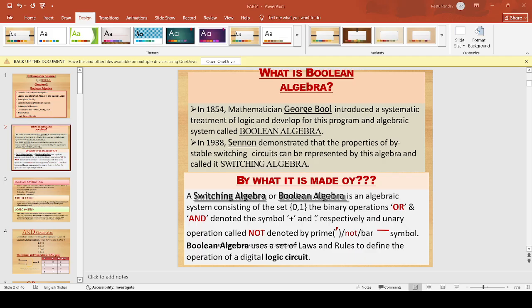So we can prove it now. See the proof, the first part of the first theorem: x plus y plus x bar y bar is equal to 1. Here we will apply the distributive law. So x plus y plus x bar y bar becomes x plus y plus x bar, dot, x plus y plus y bar.